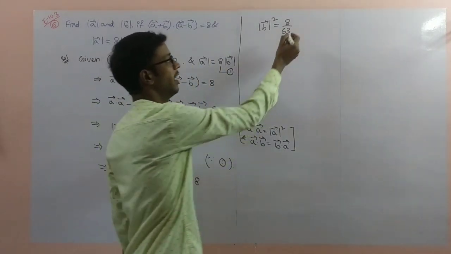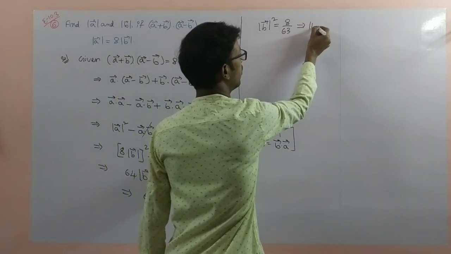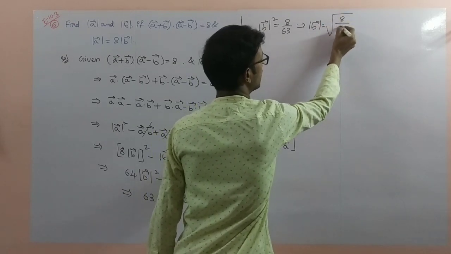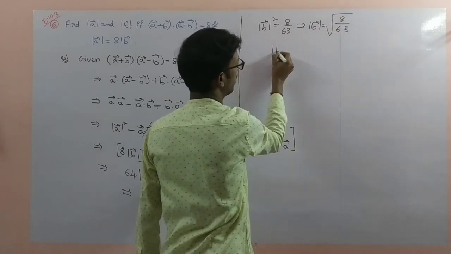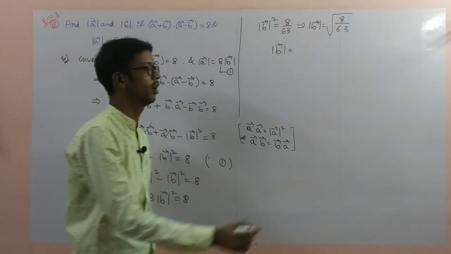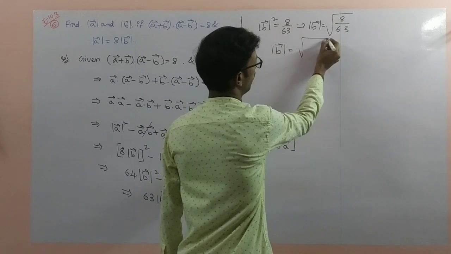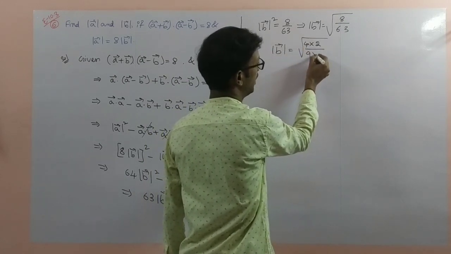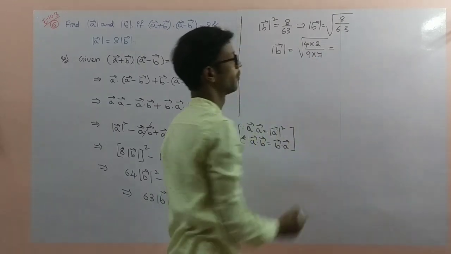This implies, I need only magnitude. Magnitude of B bar equal to square root of 8 by 63. Magnitude of B bar equal to square root of, we can write 4 into 2 by 9 7s are 63.